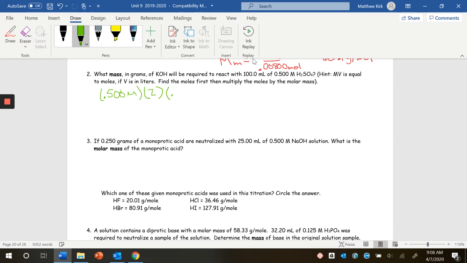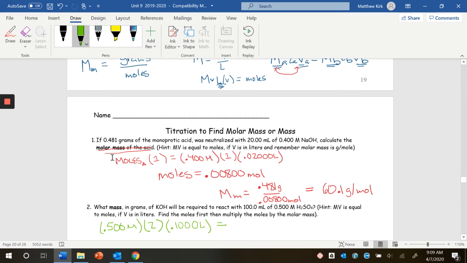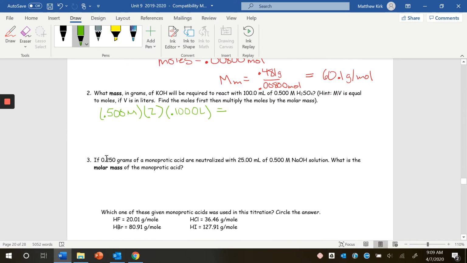And then again, volume needs to be in liters, so I divide by 1,000 to change milliliters to liters. And then I set that equal to the base side. I'm going for my mass; that's what I'm solving for in my expression. I want grams, so my first step is I need to get moles.